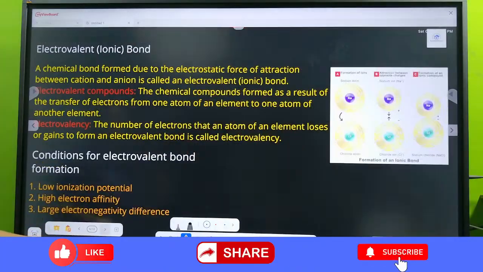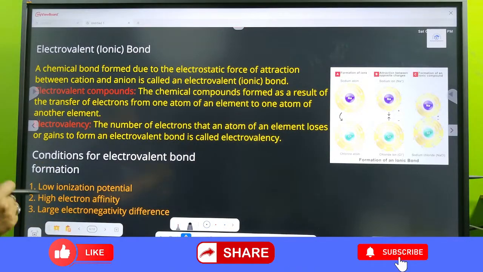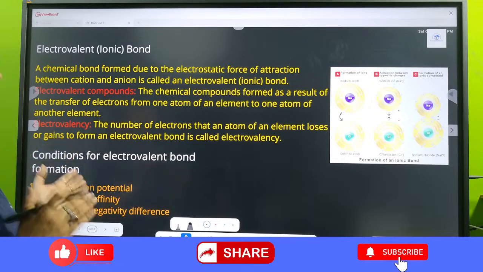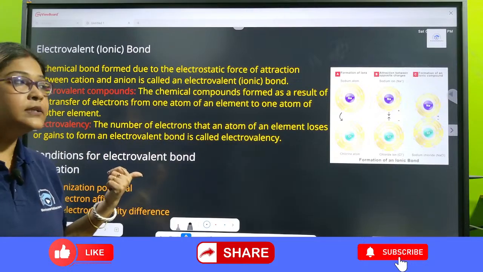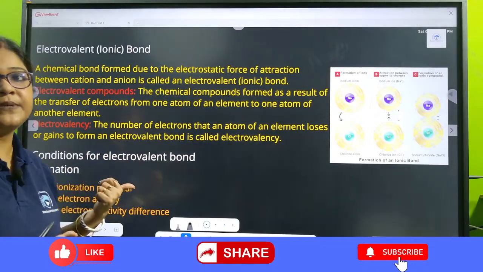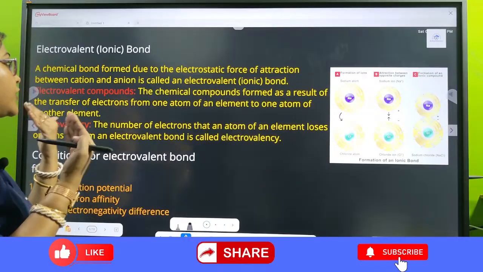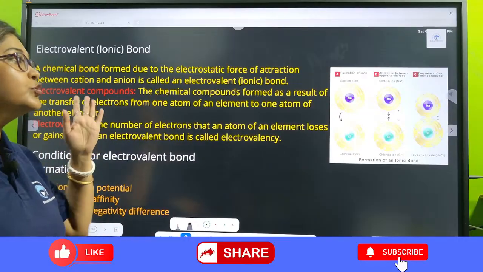Now you see the definition of the electrovalent bond. It is the chemical bond formed by the electrostatic force of attraction between the cation and the anion. Electrovalent compounds are the compounds formed as a result of transfer of electrons from one atom to another.